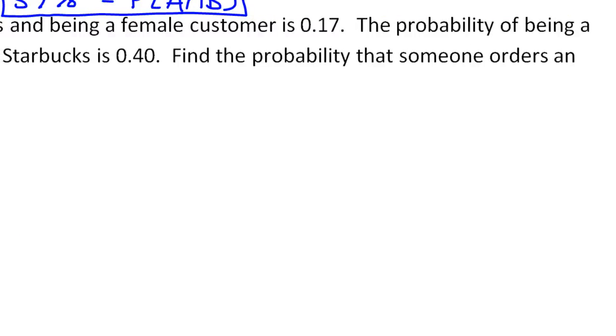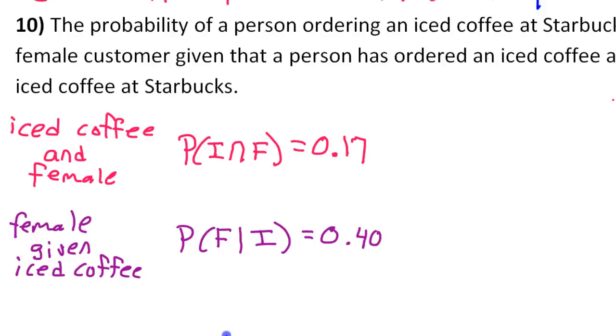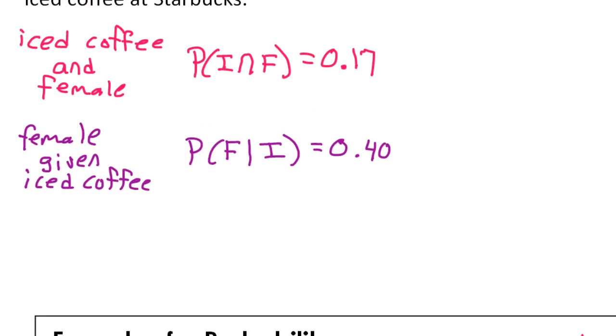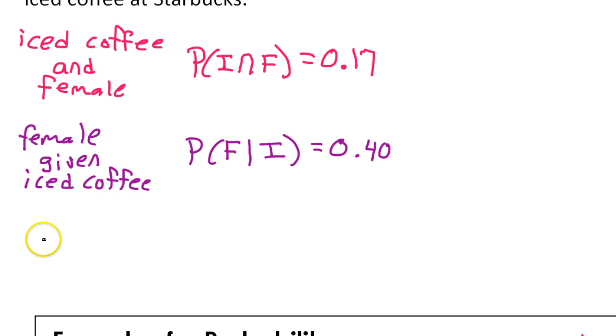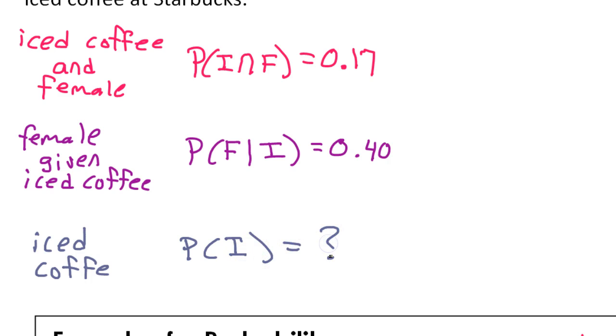Find the probability that someone orders an iced coffee. So we're supposed to find the probability of iced coffee.